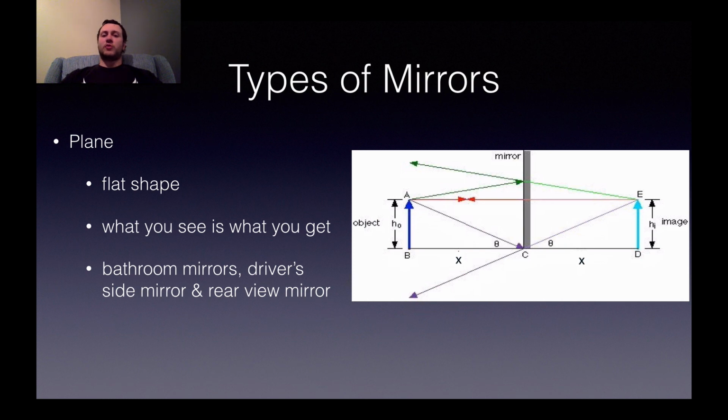How the image shows up compared to the object, it's truly what you see is what you get. It is going to be identical to how you actually look, right? So if you look in the mirror and the mirror is your shoulders and up, the image will be shoulders and up. If you can see your whole body, the image will be the entire body.